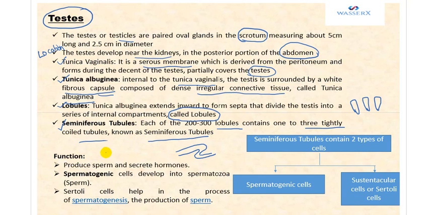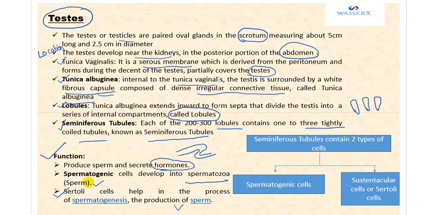Okay, and what is the function of the testis? It produces sperm and secretes the hormones required for the production and movement of sperm in the male reproductive system, right? Spermatogenic cells develop into spermatozoa or sperm, and Sertoli cells help in the process of spermatogenesis, the production of sperm. Sertoli cells are present within the testis.